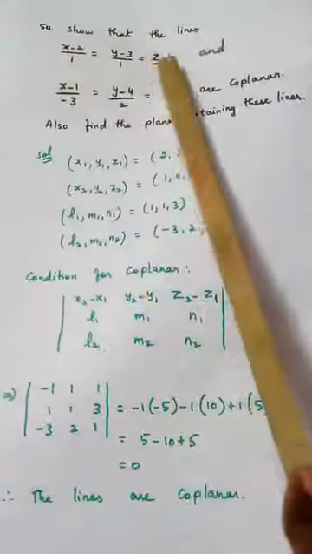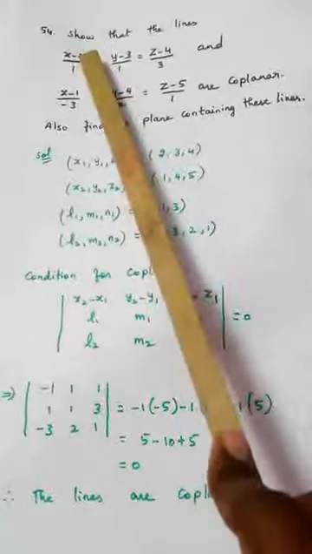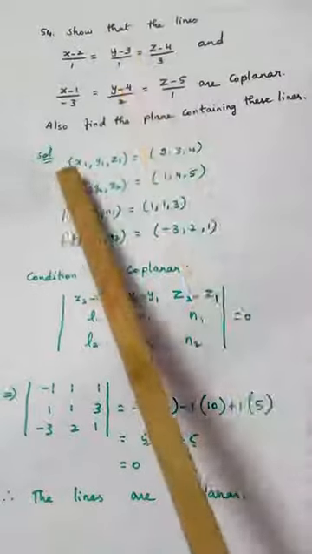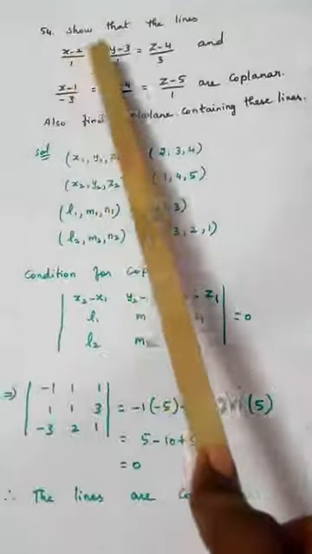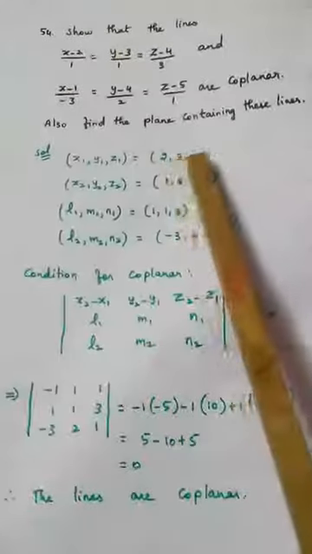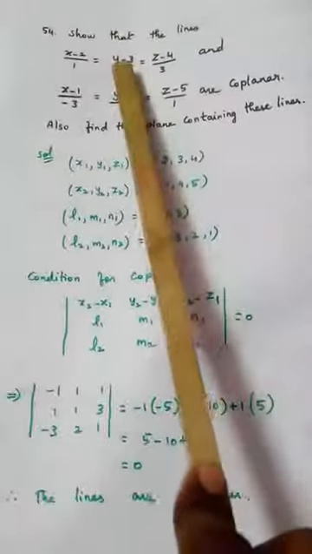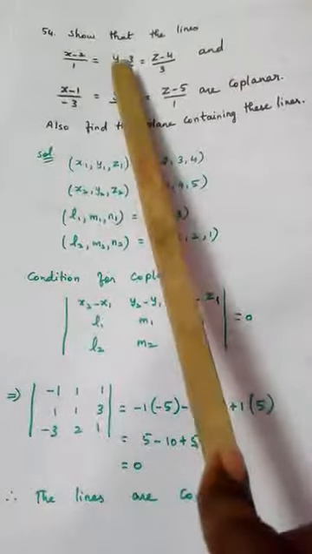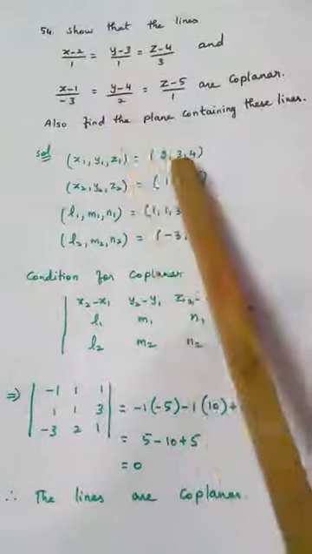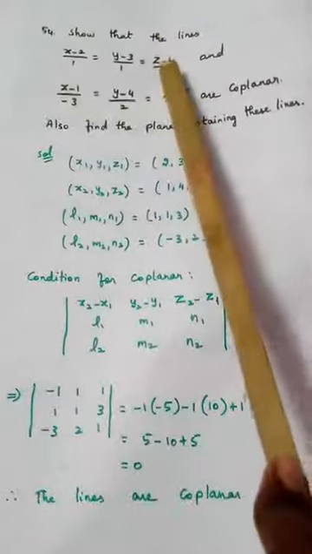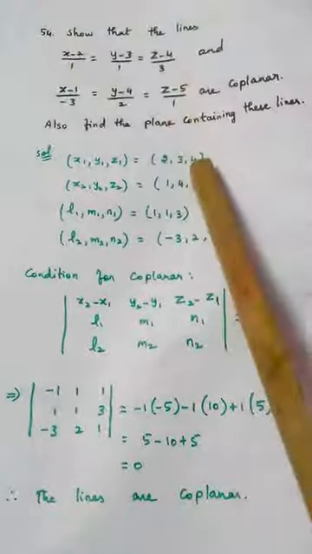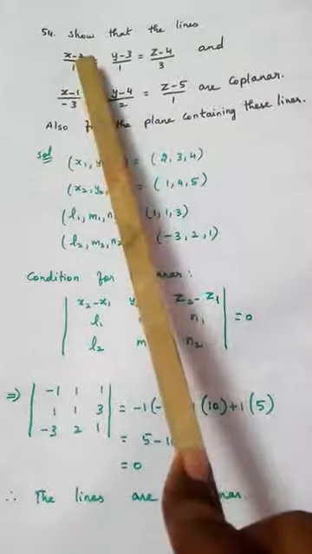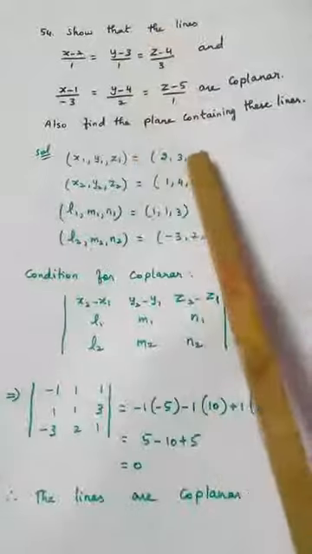Since this is the first line, what is this 2, 3, 4? A point on this line. So x1, y1, z1 is 2, 3, 4. Suppose if it is y plus 3, then what should I write here? Minus 3. If z plus 4 is written, I should use minus 4. Since everything is minus here, I can just take the numbers 2, 3, 4.